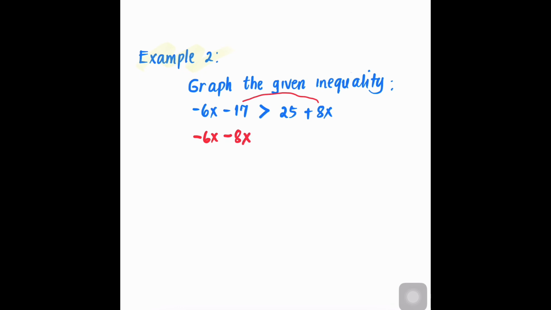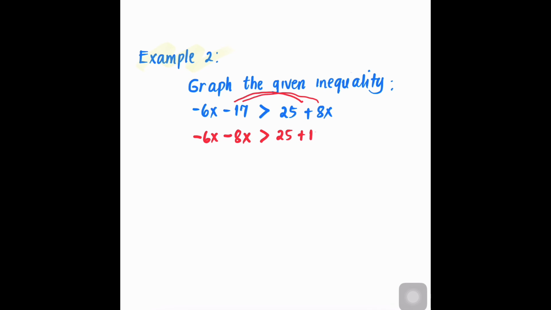So applying the subtraction property of inequality. And then you have the initial symbol, which is greater than. Copy 25. You're not moving it. However, negative 17 jumps over to the right, so from negative it will become positive.